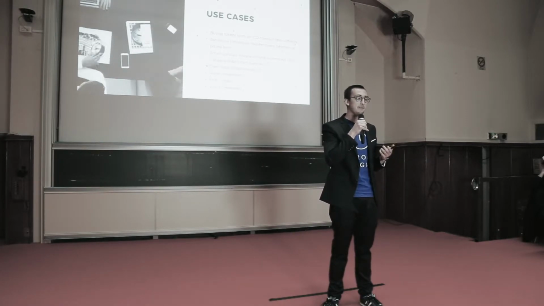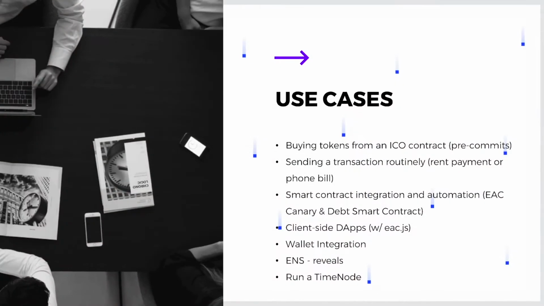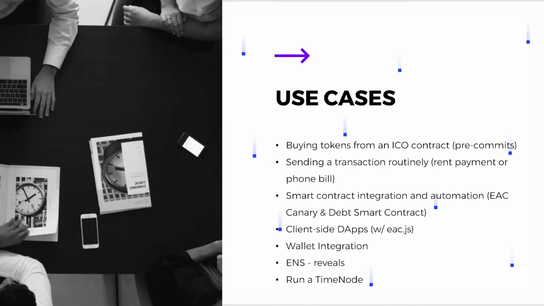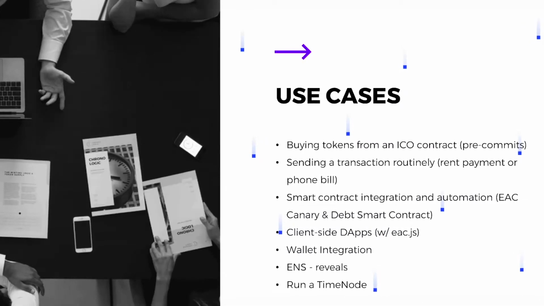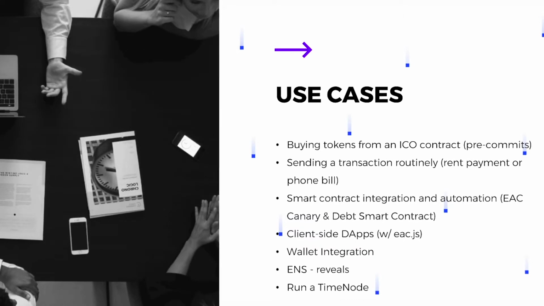So if you have a rent payment, you can fund a wallet for 6 months, a year, and then have that wallet similar to a pool transaction if you schedule all those transactions for the first of each month. In general, it unlocks a lot of possibilities with smart contract integrations.